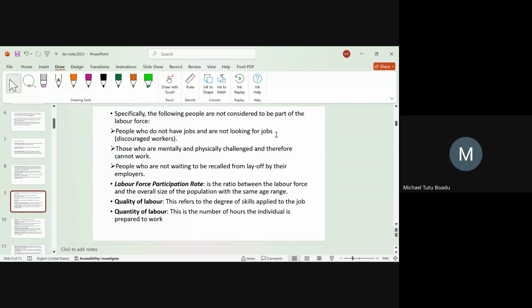So if today we're talking about labor issues and we want to look at the number of people who are in the labor force, once you have declared that you are not going to look for a job because you are discouraged. Sometimes the discouragement will come as a result of, over the years, he has been trying to get a job, but he's not getting it.